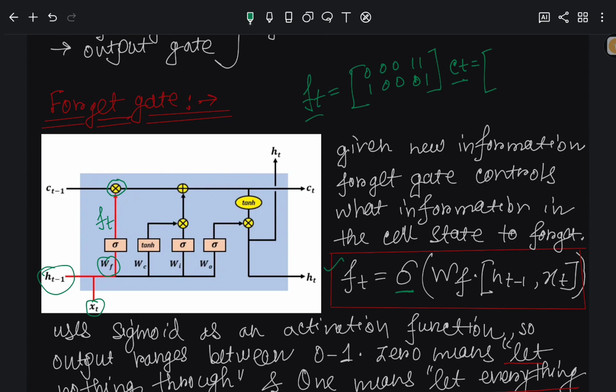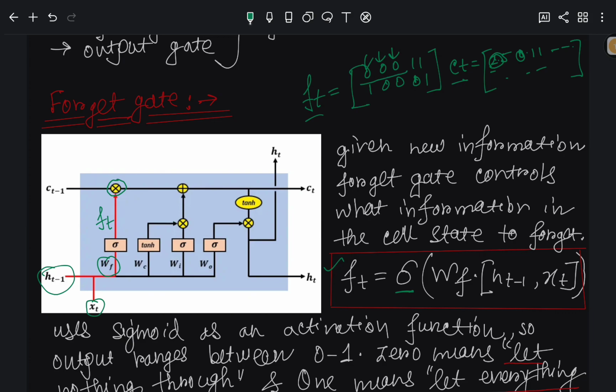So we have certain values like 2.5, then 0.01, and a few other values. Whenever we multiply these two, the places where the forget gate value is 0 will be eliminated. So this will become 0, and this will also become 0, because the first three elements are 0.